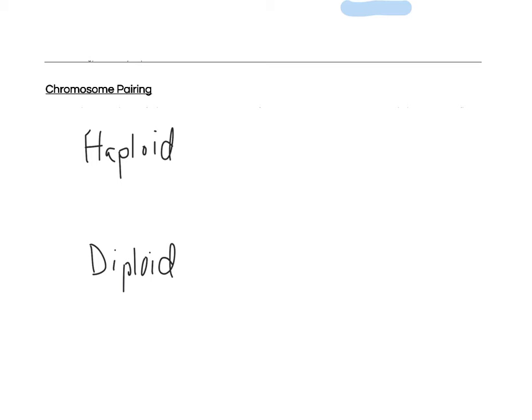So if we were to look at a cell for each of these, I'm going to draw a haploid cell and a diploid cell. So in a haploid cell, we would have half the number of chromosomes compared to the diploid cell.